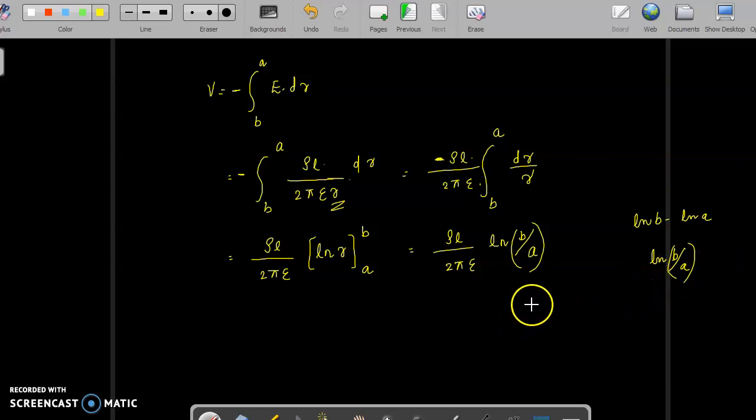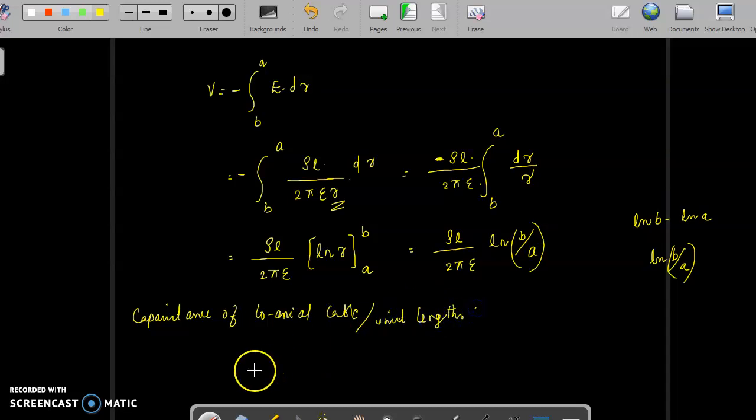Now the capacitance of a coaxial cable per unit length. So what is the capacitance?